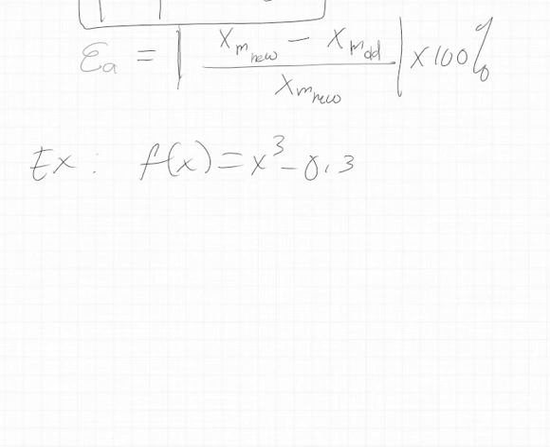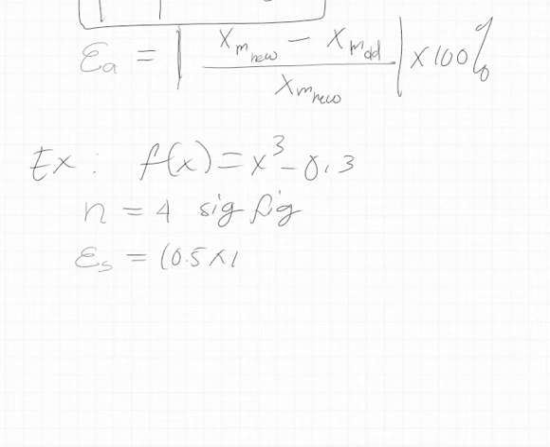So here we need to specify our stopping criterion. So let's say our n is up to 4 significant figures. You can use more than this one, but to minimize our iteration, I just use 4. So if n is equal to 4, what will be our stopping criterion? This will be equal to 0.5 times 10 raised to 2 minus 4.